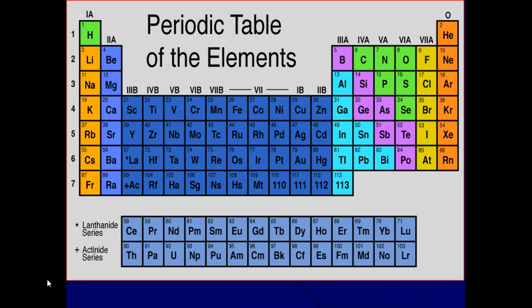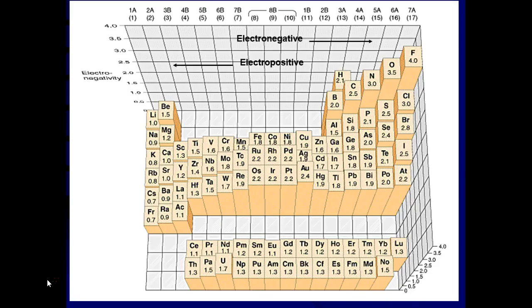We have some that are just loved by electrons. Electrons just want to hang out with these atoms, whereas other ones, not so much. Now, it's measured on a scale from 0 to 4. So let me show you this picture here. As you can see, we have our periodic table, but it's arranged slightly differently. It's arranged by electronegativity.